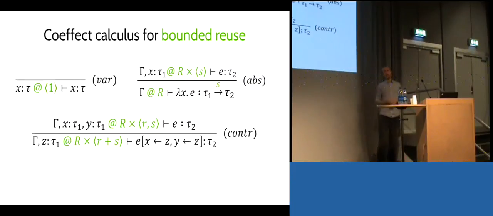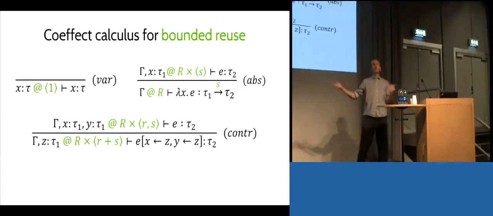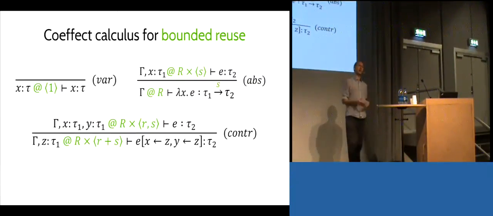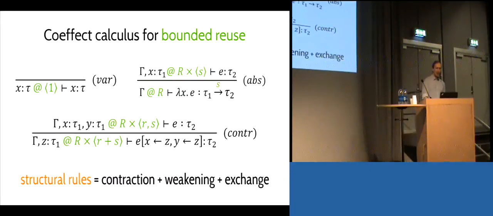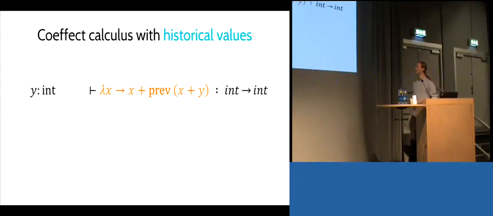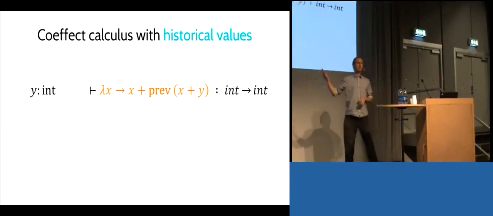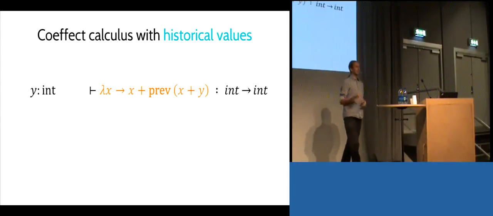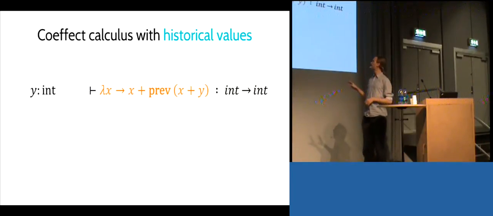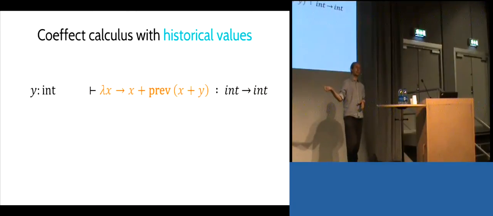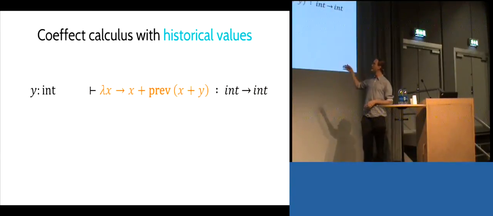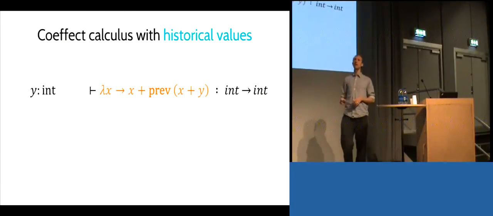Now, what we do in the paper is that we look at a couple of different examples of these coeffects or context-dependent computations. So I'll just quickly look at one more example, and this is a similar thing, except that here we are actually looking at a different calculus where we can access historical values. So we have a language where we have this prev keyword.